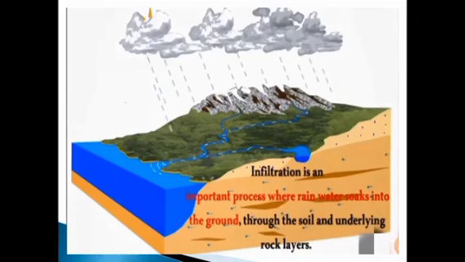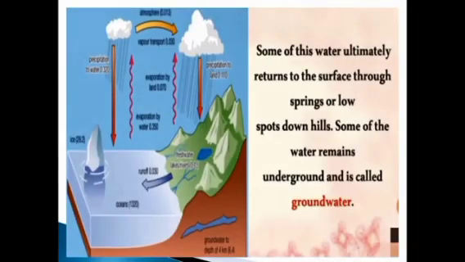So, rainwater will get penetrated into the ground below the rock layers. Some of this water ultimately returns to the surface through springs or low spots down hills. Some of the water remains underground and is called groundwater.